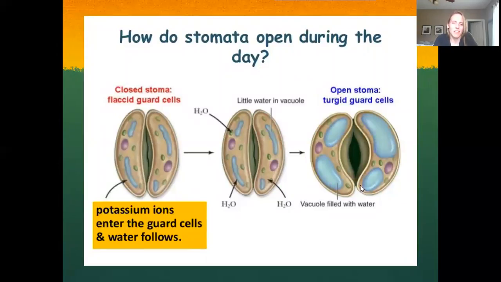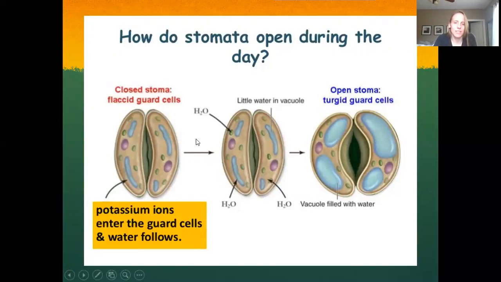So this is a diagram of what this looks like. These blue parts here are the vacuoles, which is where water is stored inside all plant cells, but this is specifically inside the guard cell. So this is when it would be closed, when it's flaccid, when it doesn't have that turgor pressure, and then sunlight would hit the guard cell.